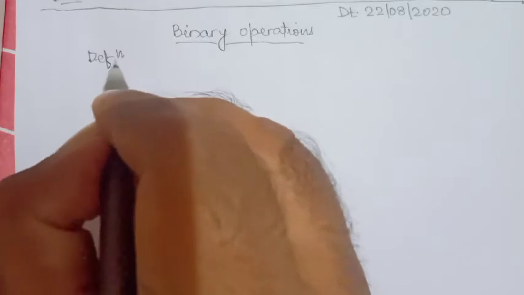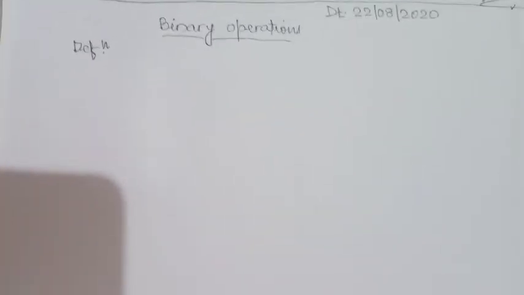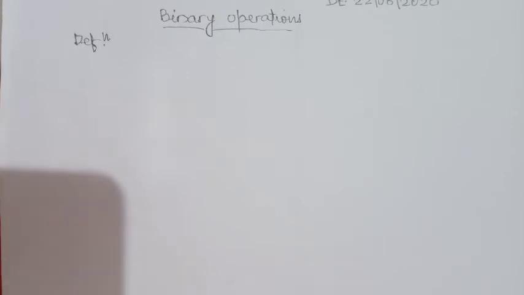First, write its definition. An operation is said to be binary if it satisfies closure property.